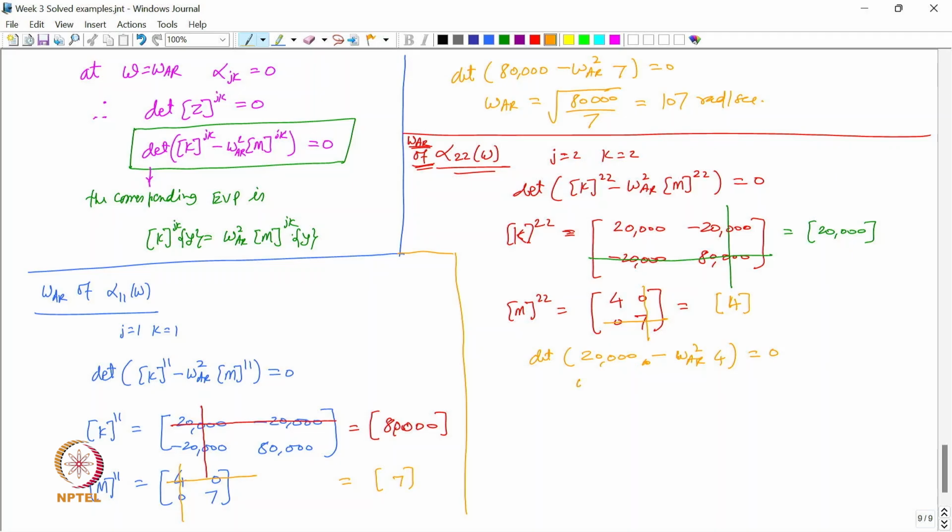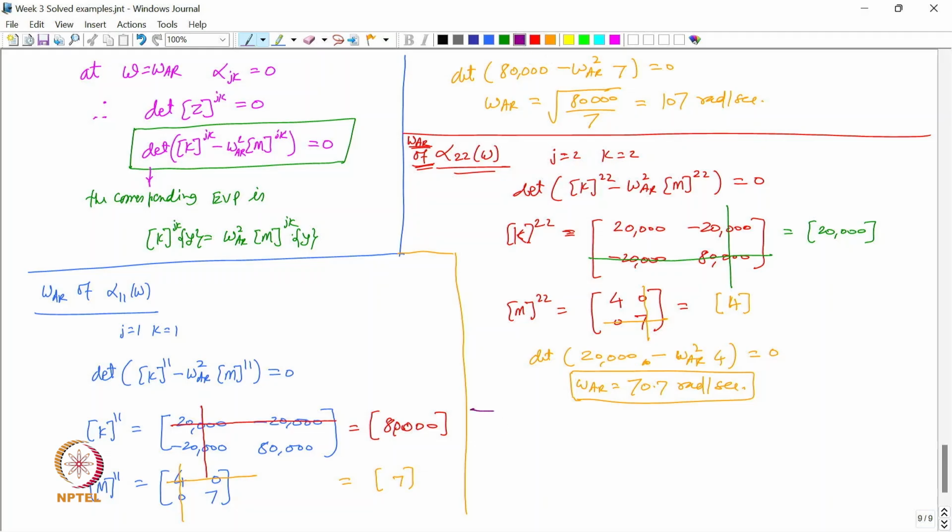So, this essentially gives me omega AR equal to 70.7 radians per second. So, these are all valid values you are getting. So, they represent two antiresonance frequencies, correct.